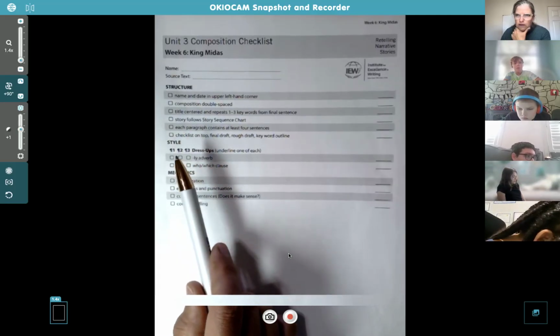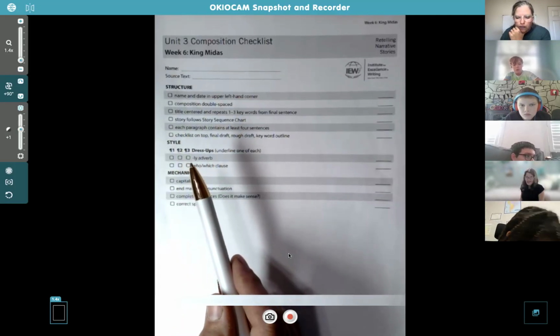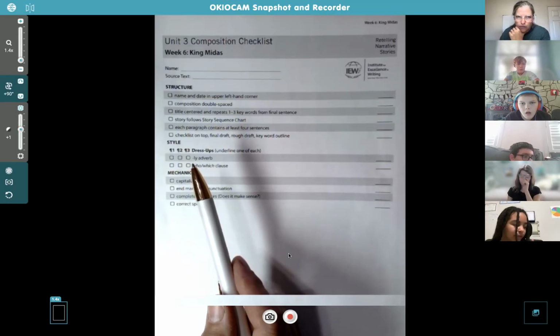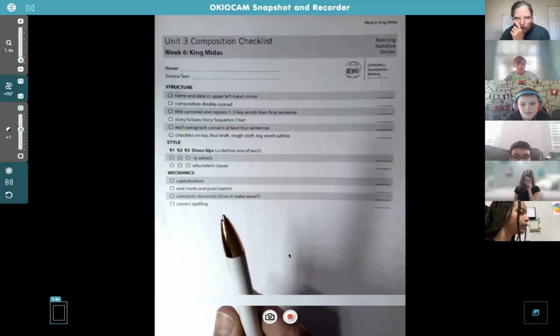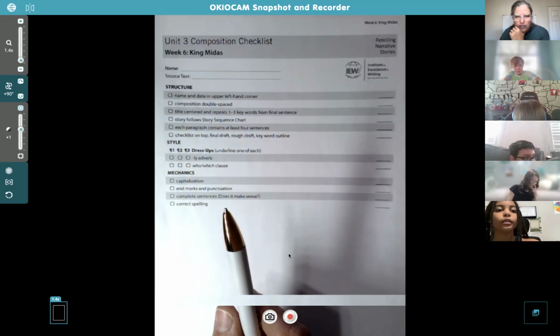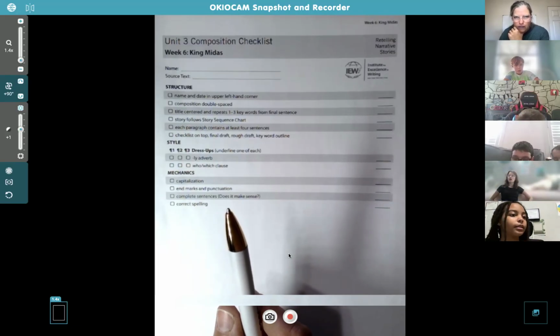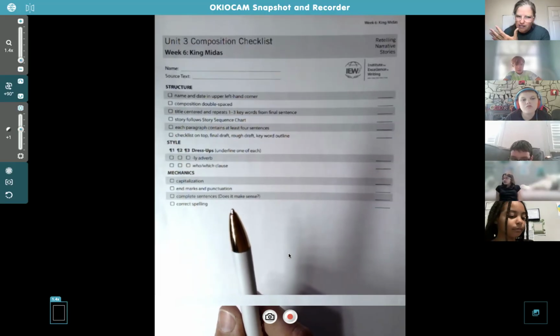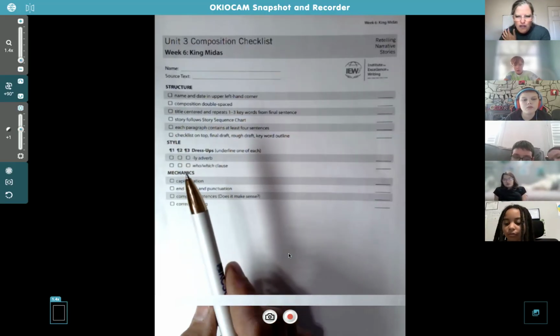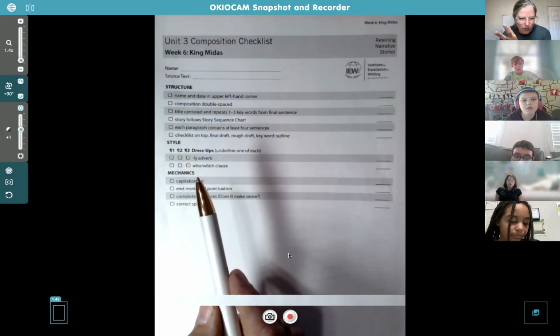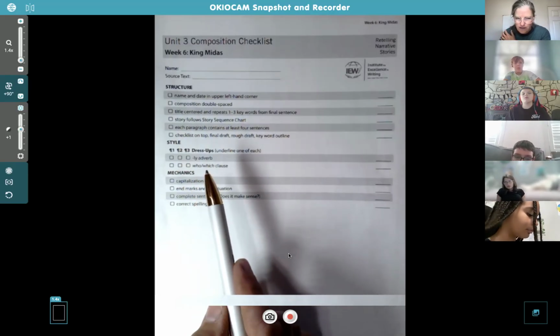So it could be, what's a good example of an ly adverb? He anxiously waited for the gold to come out of his hands or something like that. Or he desperately wanted the gold to get rid of the golden touch. Desperately, that's another good ly.